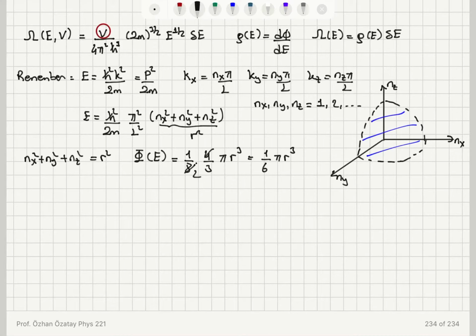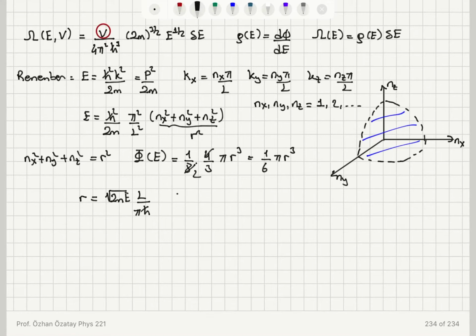And this r, we can take to be square root of 2mE multiplied by L divided by pi h bar. So L divided by pi h bar multiplied by square root of 2mE is r.